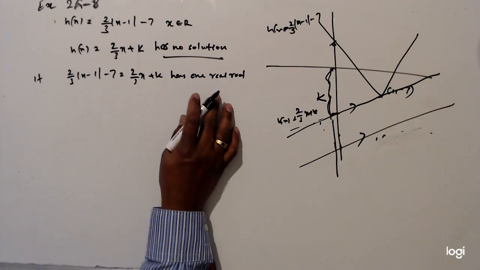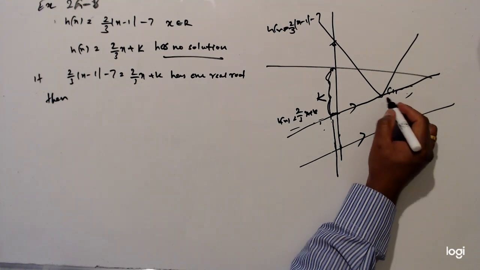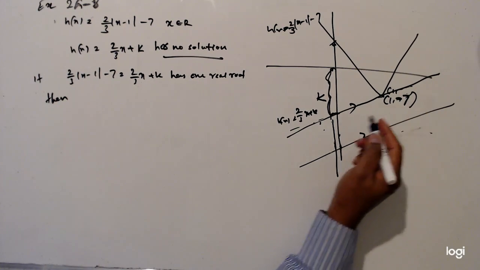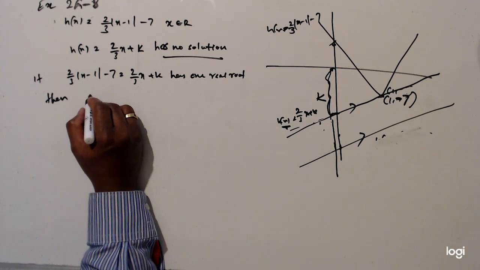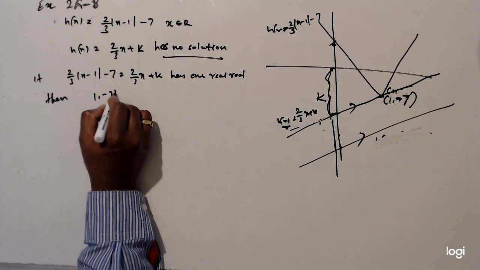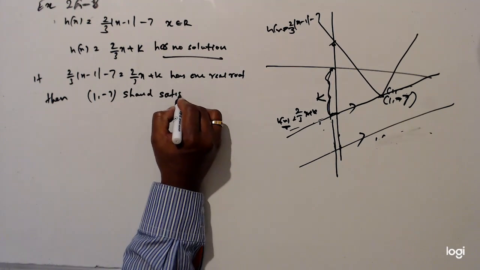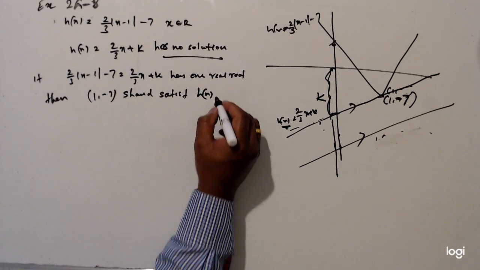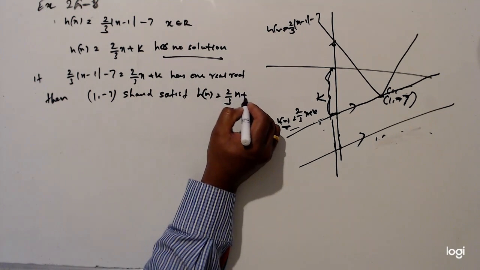If it has one real root, then this 1 minus 7 should satisfy this equation. Then 1 minus 7 should satisfy Hx equal 2/3 x plus k.